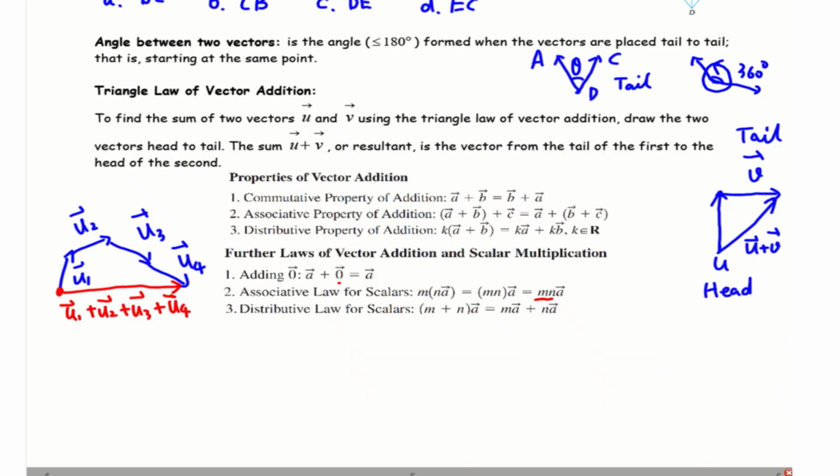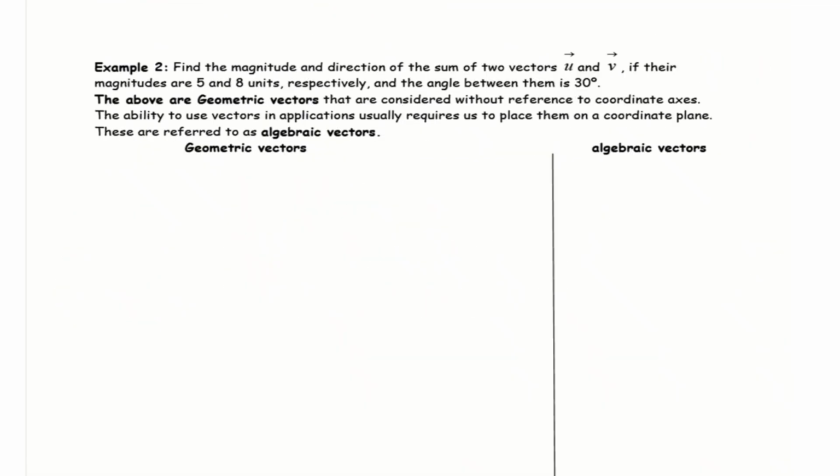Then after that, we are going to see more examples. So this one, find the magnitude and the direction of the sum of two vectors U and V, if their magnitudes are 5 and 8 units, and the angle between them is 30 degrees. For such vectors given, there's no xy coordinate. We call them geometric vectors.